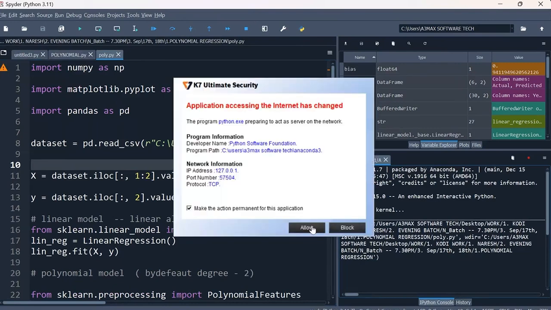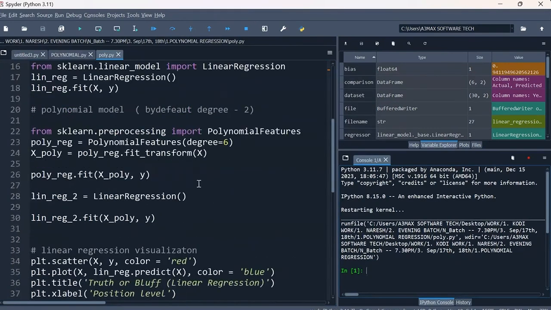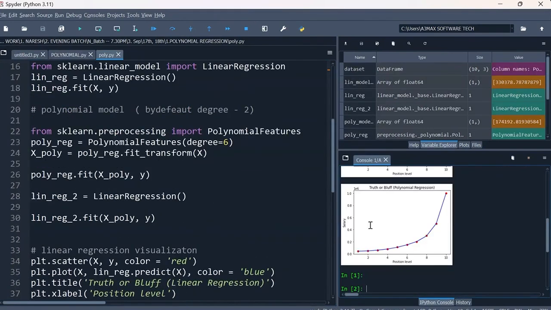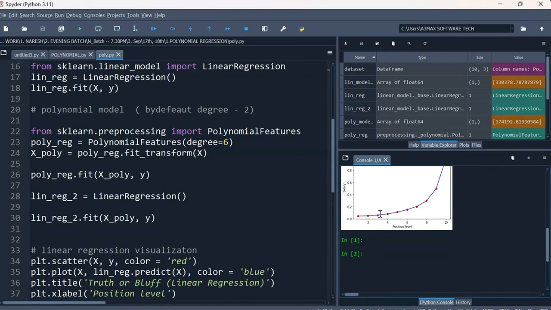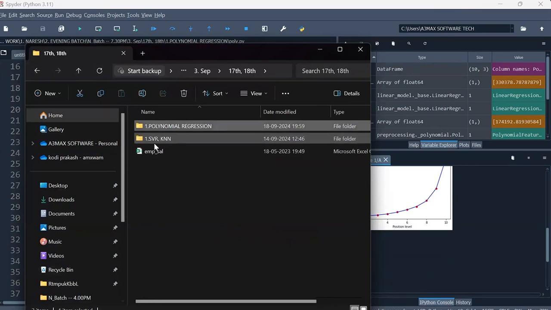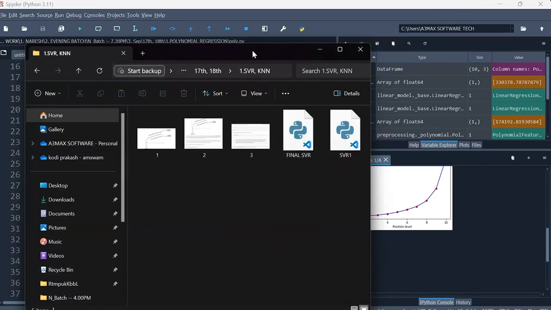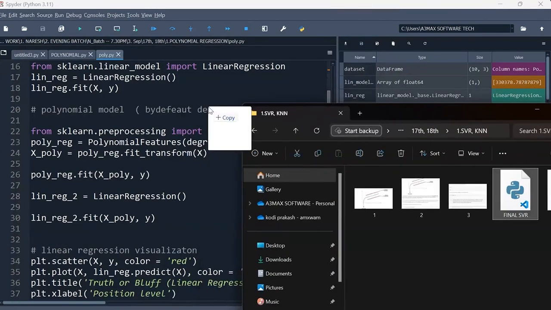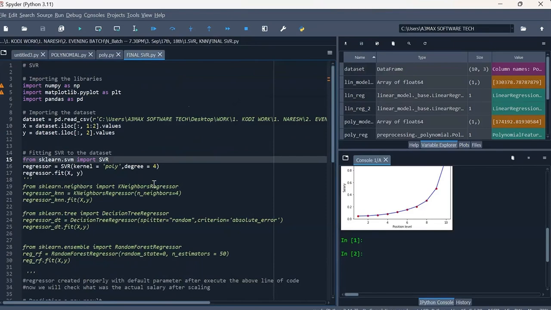In the same code, I will fit my SVR model. So how do I fit the SVR model?